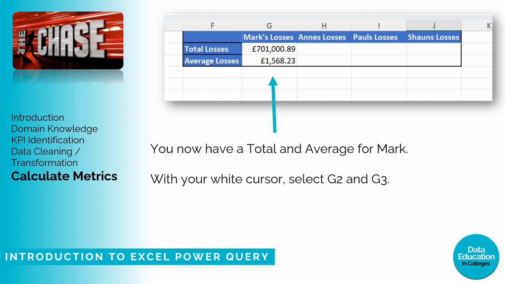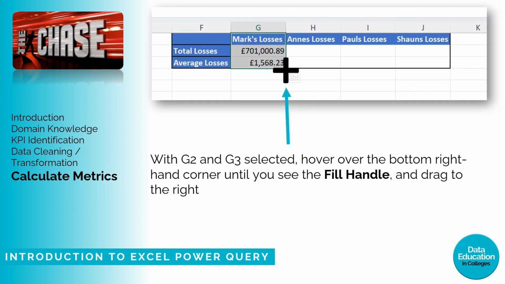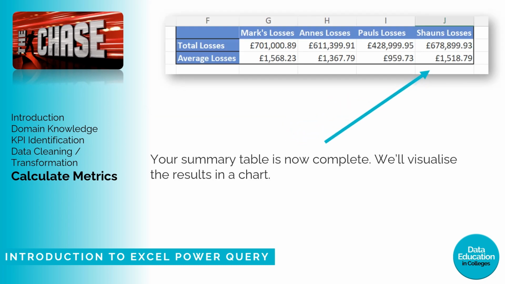And Anne, Paul and Sean should also fill in. Careful you don't take the Mark's losses heading, it's just the total and average, otherwise Mark's losses heading will change to all the others as well.